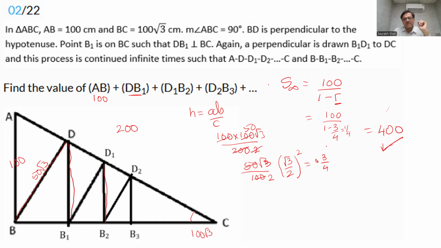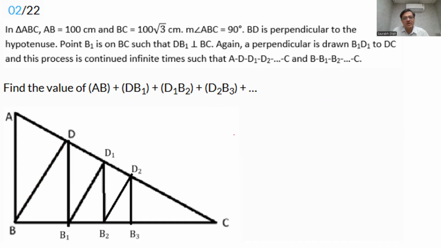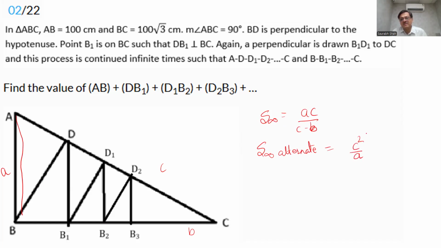Ideally, if you want to remember, we can go on. This is the side A, this is the side B, and this is the side C. If we want the summation of all the sides which are shown, not the alternate sides, then S infinite would simply be AC upon C minus B. But S infinite for alternate, starting with A, would simply be C square upon A. This is something which you can remember.